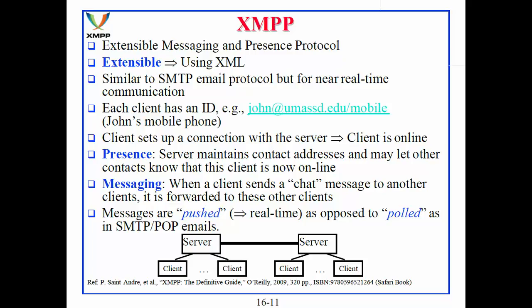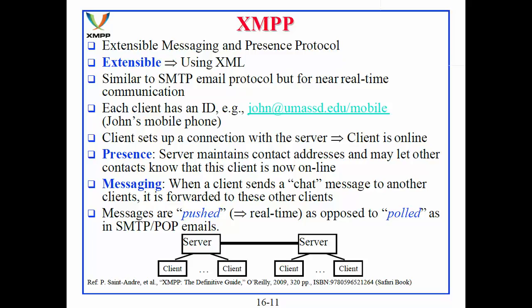XMPP is extensible, so we can add fields. It uses XML. And basically XMPP works very similar to Simple Mail Transport Protocol, except that it's used for near real-time communication, like a chat type of communication.